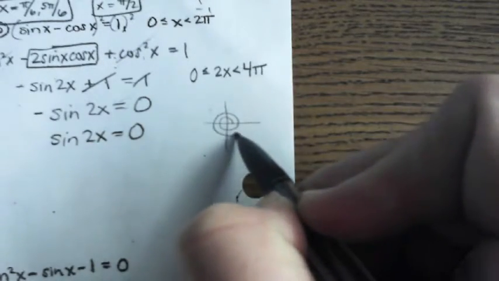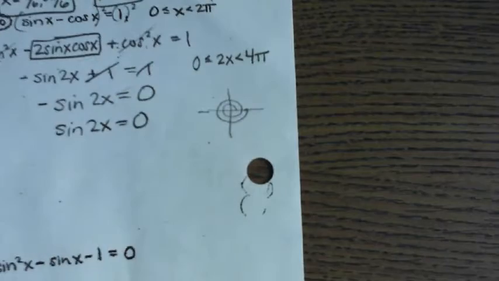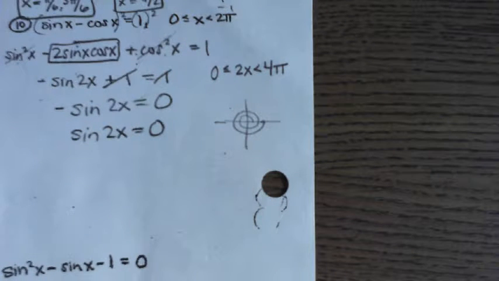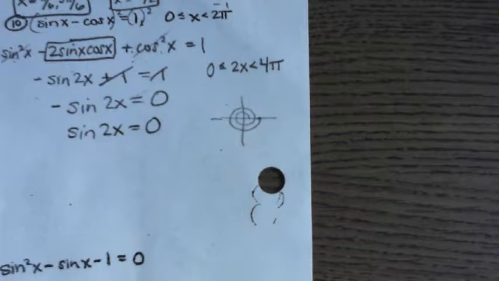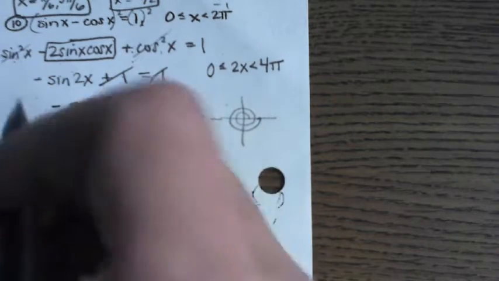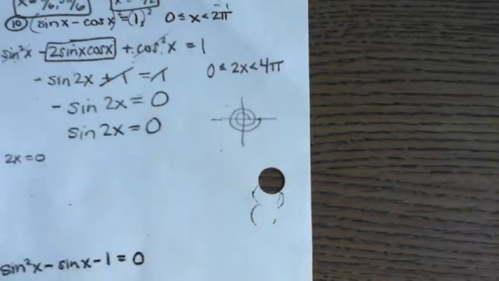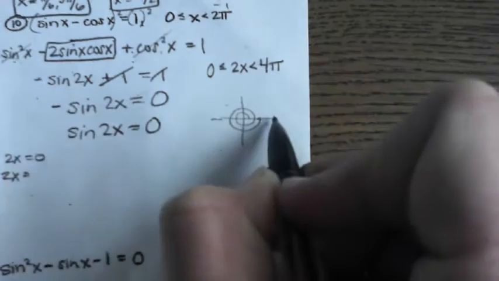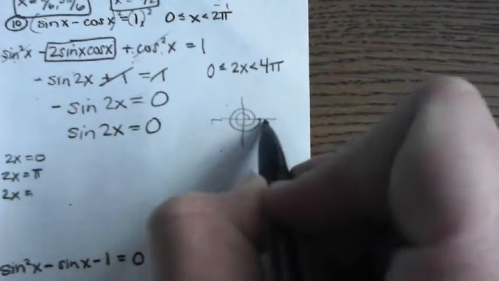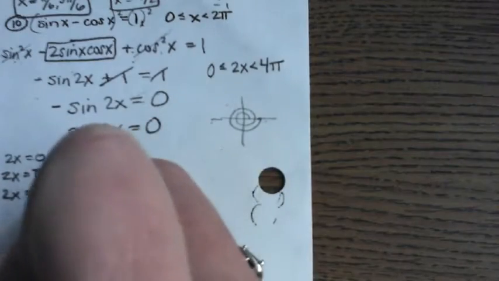So how many times between 0 and 4 pi does sine equal 0? 4 times. Well, sort of. 3. Because we're not including 4 pi. That's all. So 2x could equal 0. 2x could equal pi. 2x could equal, oh no, you're right, 2 pi.